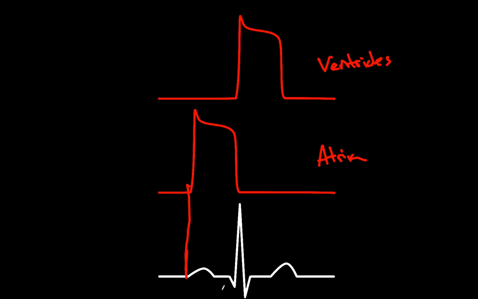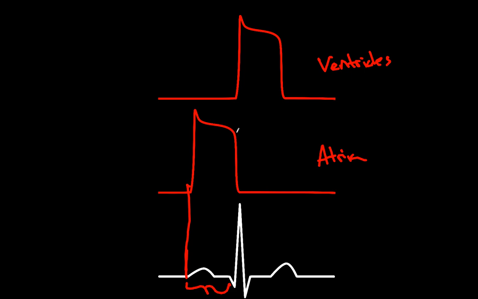Here in the QRS complex, we have a couple things going. The main thing that you're seeing here is the ventricle depolarization. Now, one thing I need to say is, during this segment, which is called the PR segment, the atria are contracted this whole time. At the QRS complex, we get relaxation of the atria.